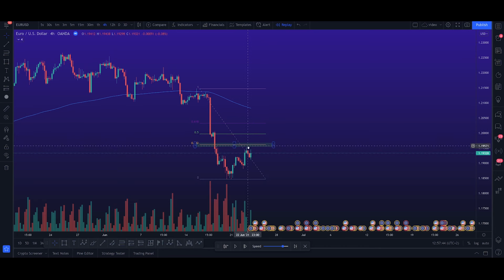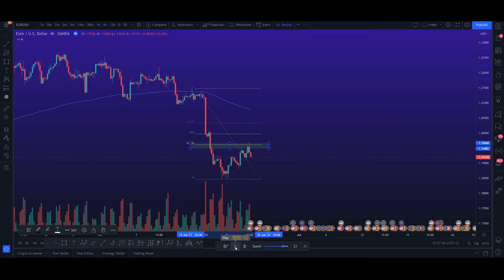Okay, so let's say I have had a first touch of the 0.3, and I'm still waiting a bit. Now I have had the second touch, good reject, almost a full engulfing candle right here, and a continuation candle.